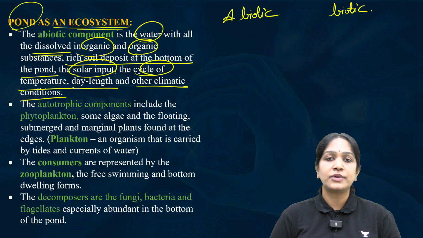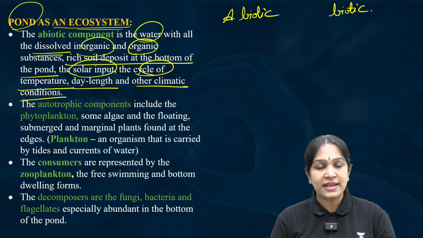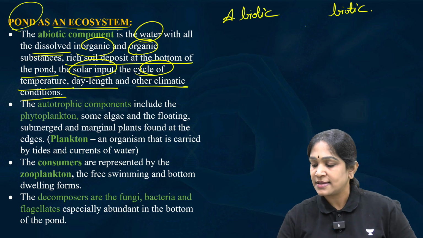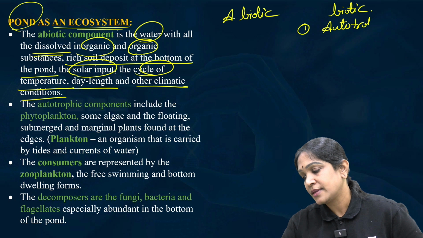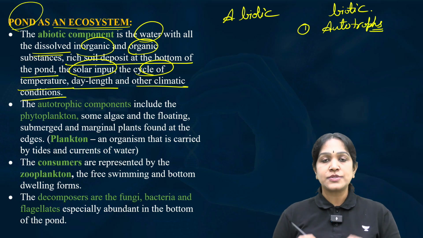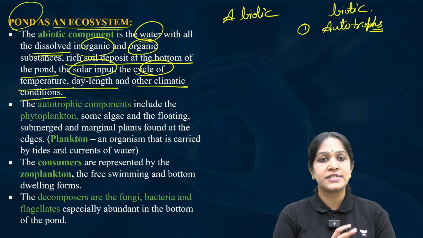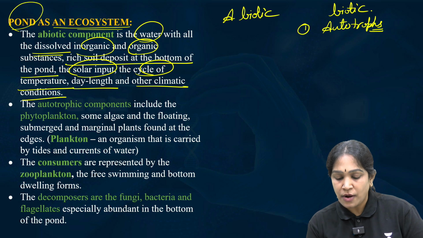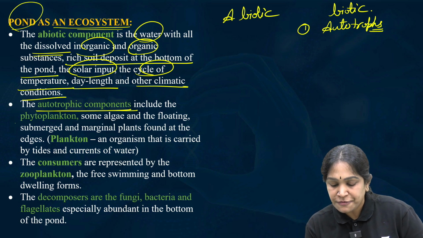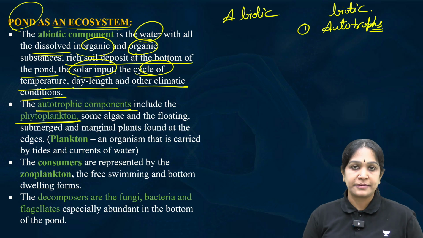Now coming to the biotic component. Biotic component is living organisms. They can be classified into three categories. The first one is called autotrophs. Autotrophs are those organisms that can produce their own food material using photosynthesis. And in the pond ecosystem, autotrophs are the phytoplankton. Then what is phytoplankton?